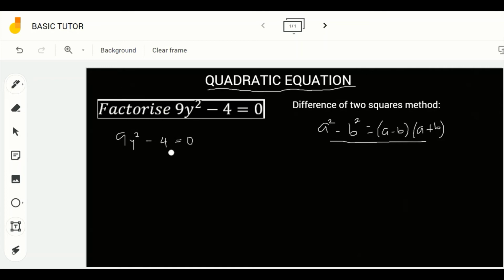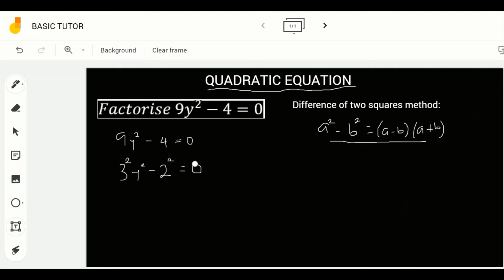So I can write 9 and 4 in index form. So 9 becomes 3 squared y squared minus 4 in index form will be 2 to the power 2 equal to 0.